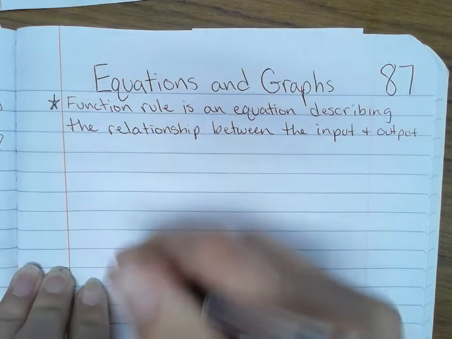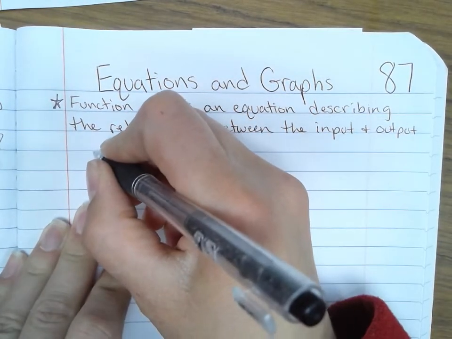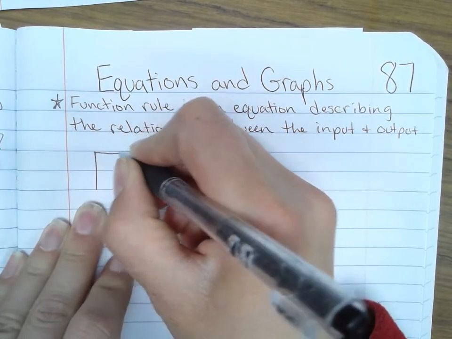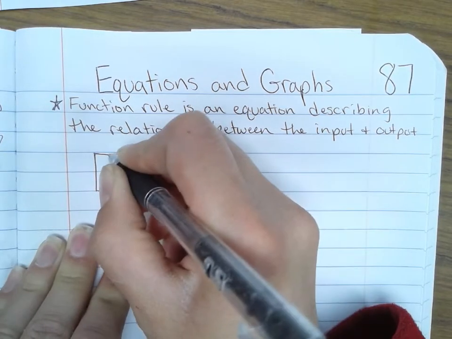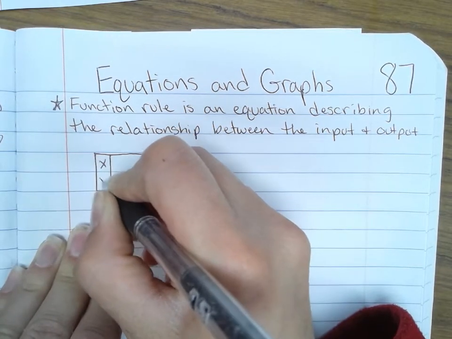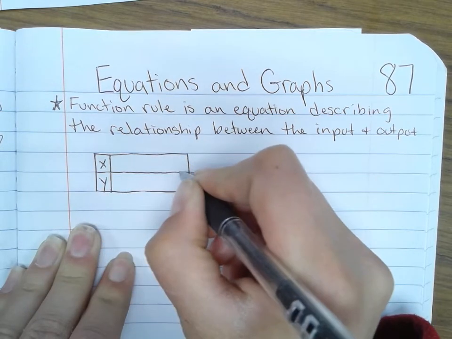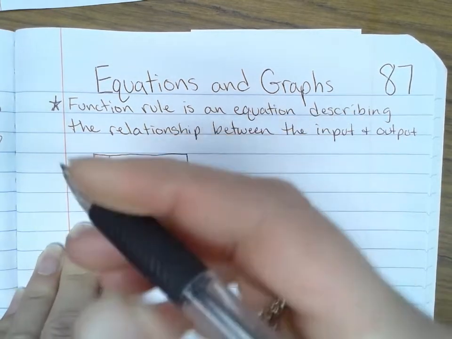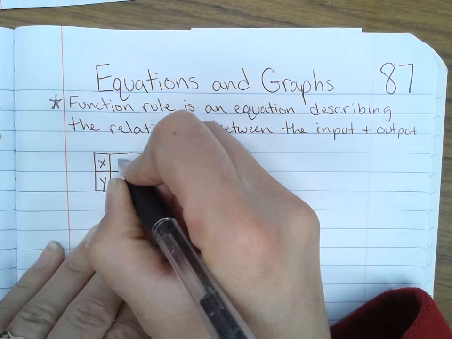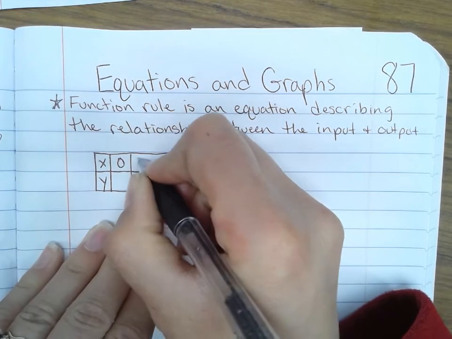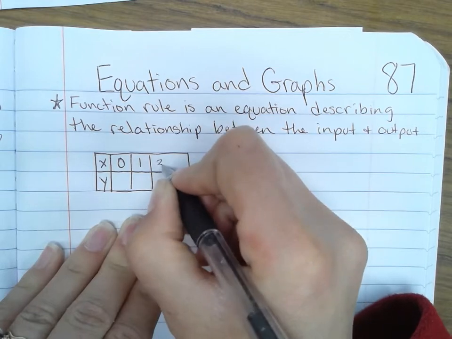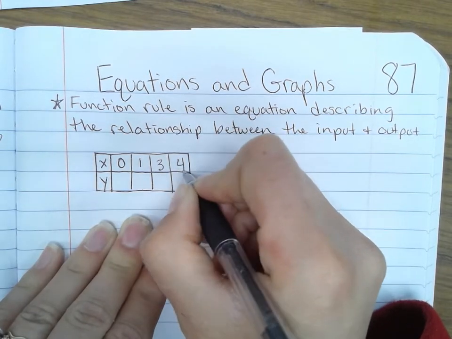Okay, let's do one to start it off. If I have x and y, x being my input, y being my output, let's put in 0, 1, 3, and 4.